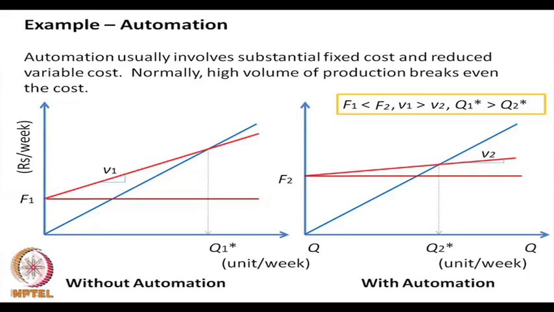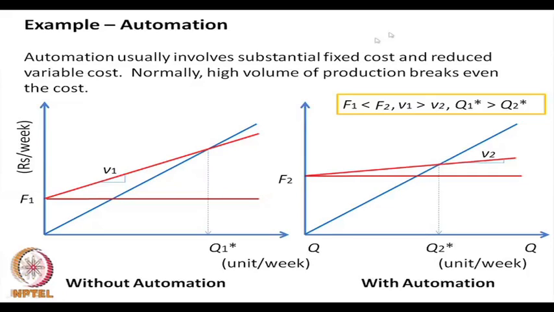But in any case, normally we believe that if automation has to take place, the volume of production that can break even with the cost has to be very high. Otherwise, the fixed cost will not be fully realized. But there can be a situation where the break even point can actually reduce.